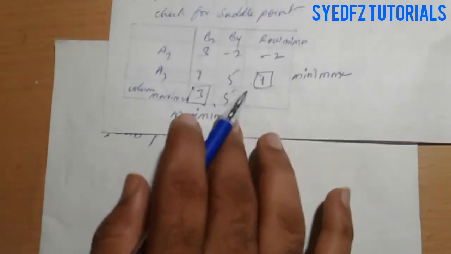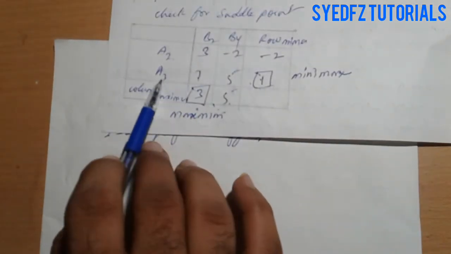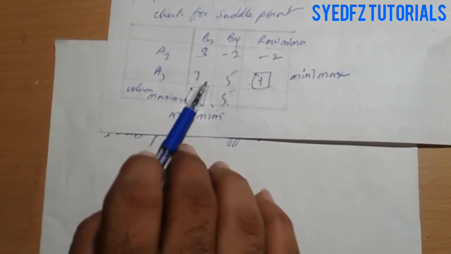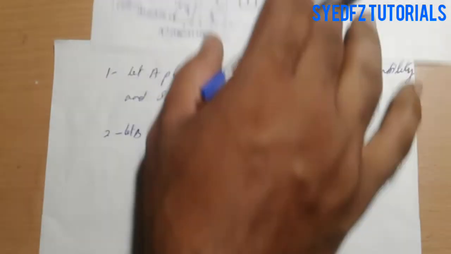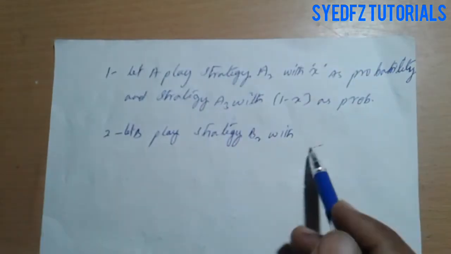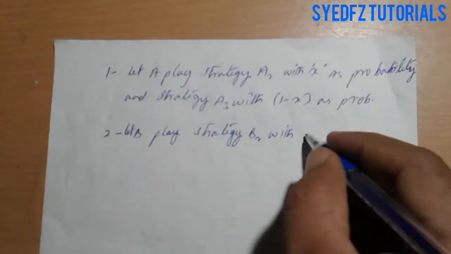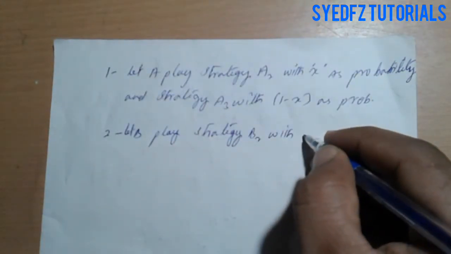Because when you see A2 and A3, A2 is a probability, A3 is a strategy. B plays B2 with probability y and B4 as a strategy.